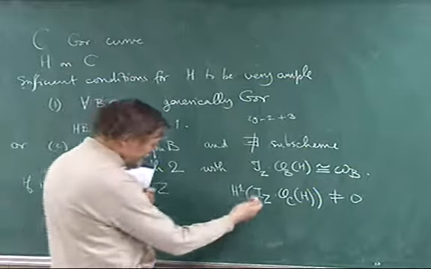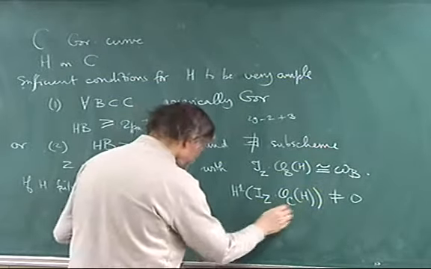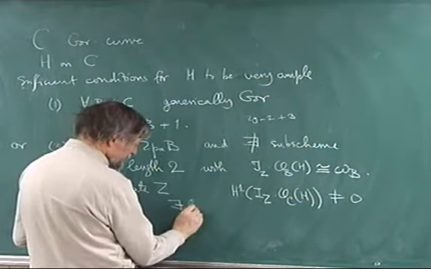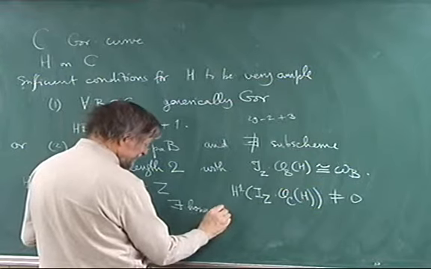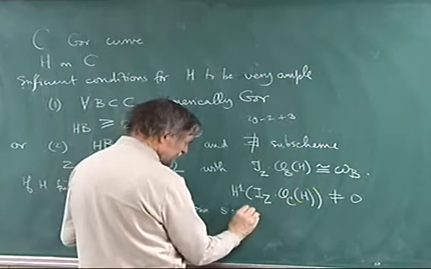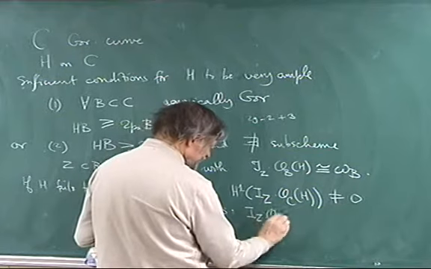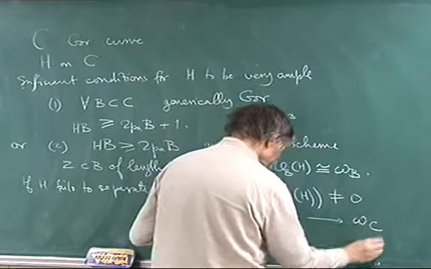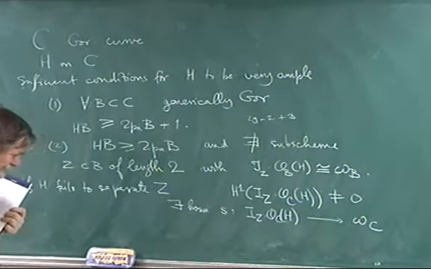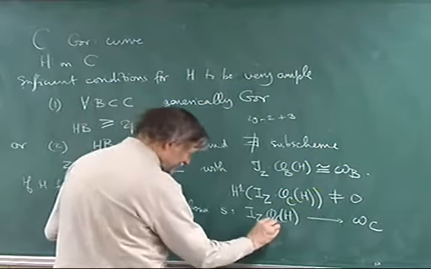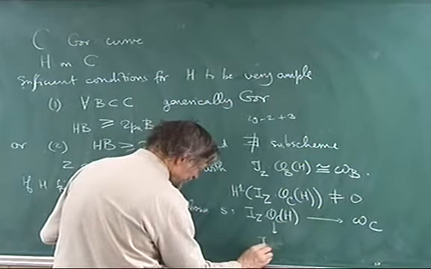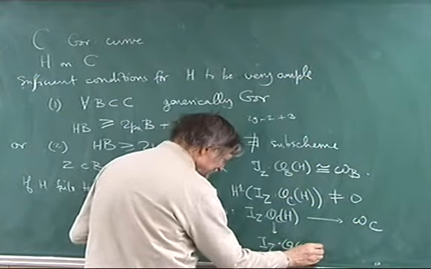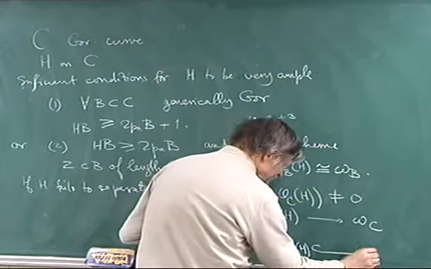And so, by this property, there exists a homomorphism S going from IZ times OC of H into omega C. Right? And this necessarily factors through IZ times OB of H mapping into omega B.